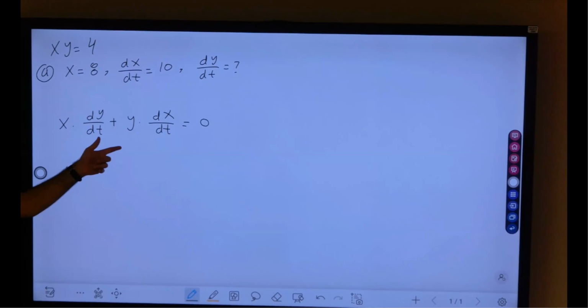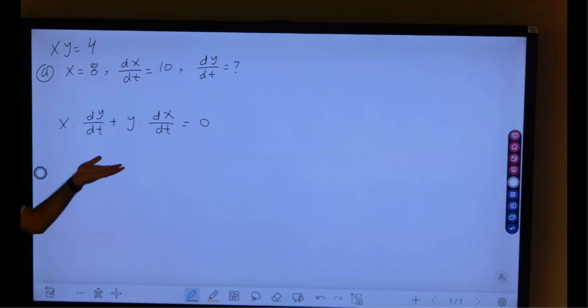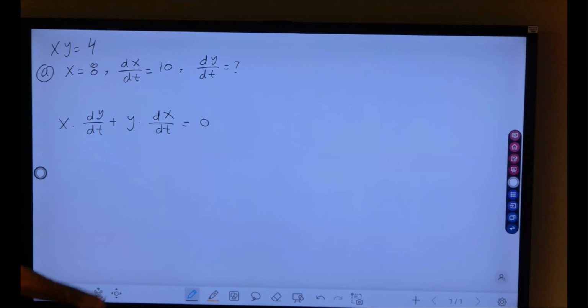We have x, we have dx over dt. If we have x, we can find y.